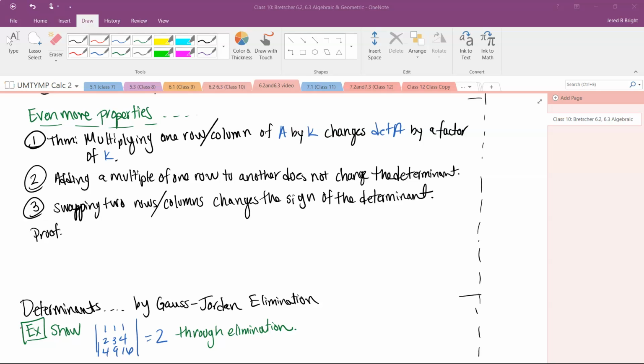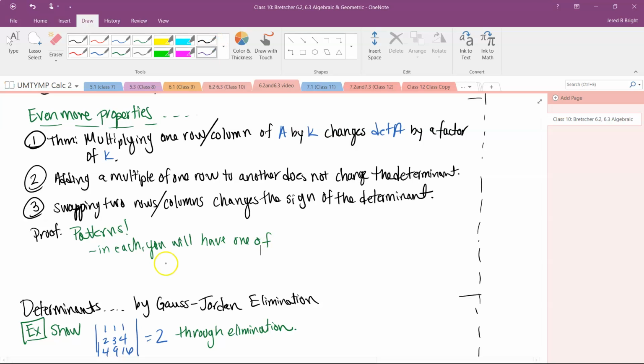Okay, so the proof, I'm not going to go through the formal proof, but I'll just outline the idea. We're going to use patterns to do this. This would be a good thing to do in preparation for an exam or something like that. But the idea is that in each case, you will have one of the following.